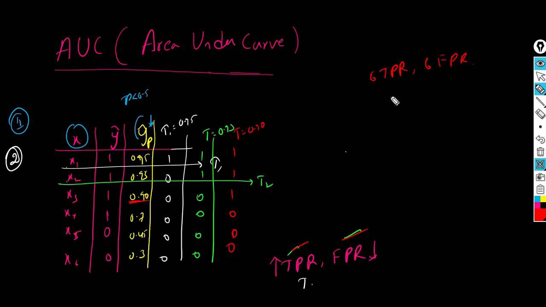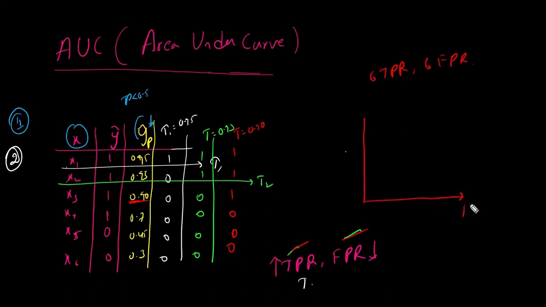By using these true positive and false positive rate values, we are going to draw a plot. The x-axis is the false positive rate, and the y-axis is the true positive rate.